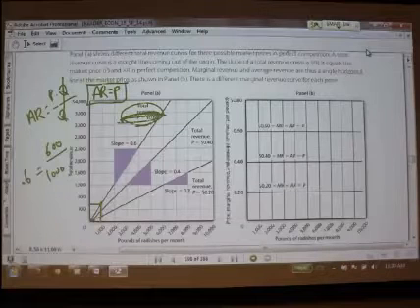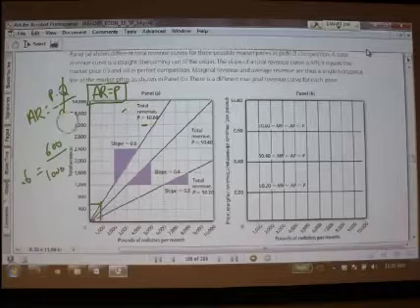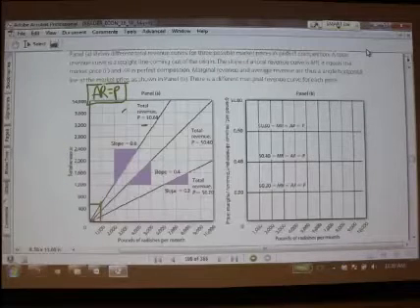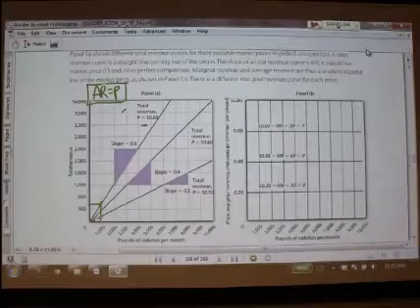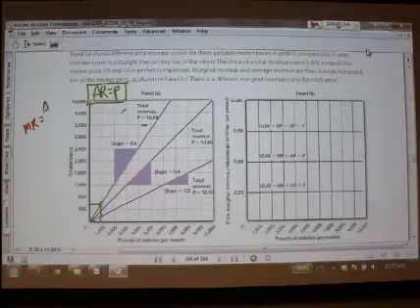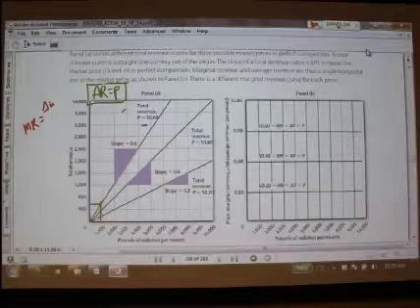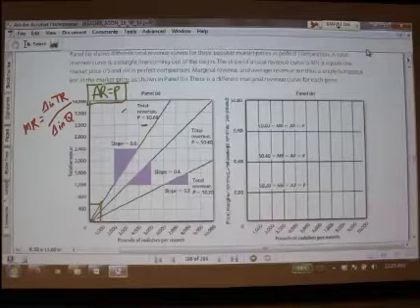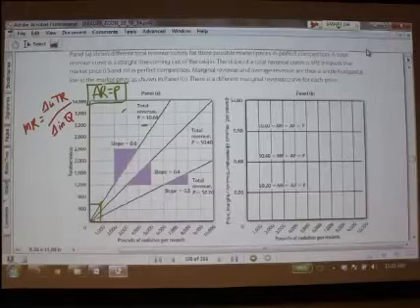What about marginal revenue? Well, you'll recall the formula for marginal revenue is a change in something. The formula for a marginal is change in something over change in something else. So in the case of marginal revenue, we have change in what? Total revenue over change in Q. And so let's say we go from 1,000 to 2,000.